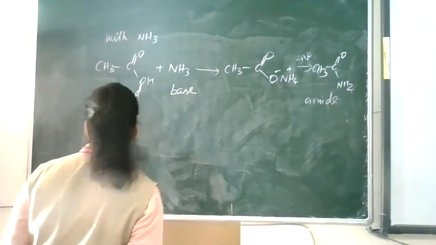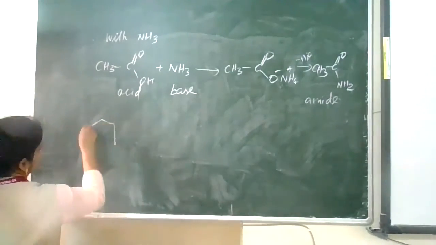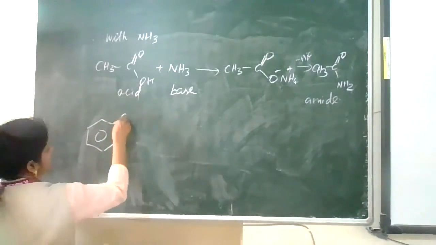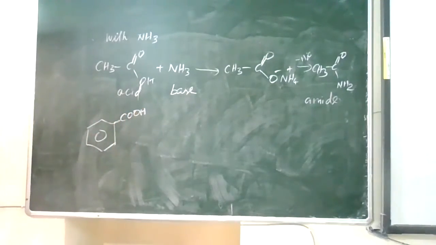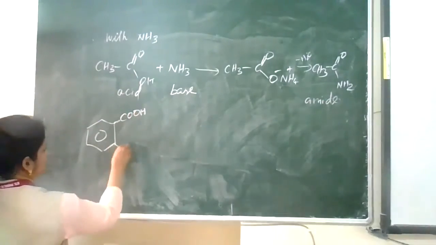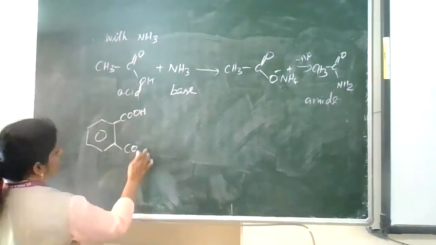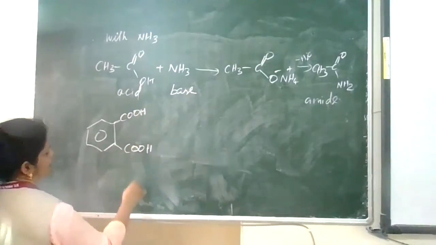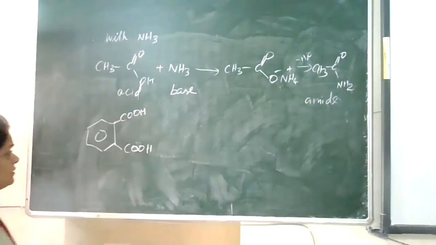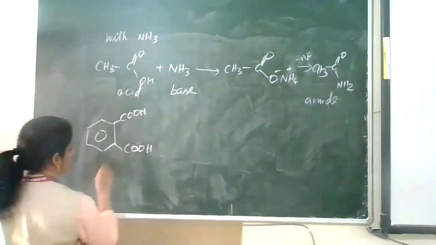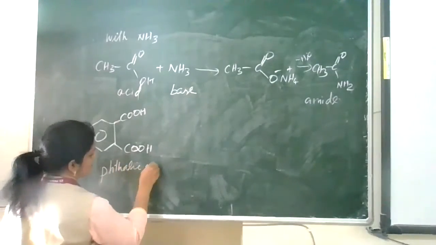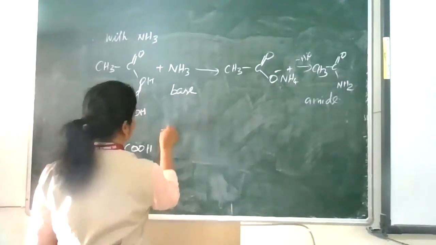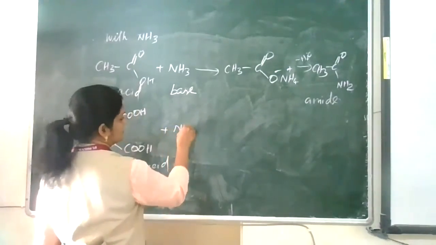Consider an organic acid, that is benzoic acid. One more C with two carboxylic groups: phthalic acid. Phthalic acid can react with ammonia.